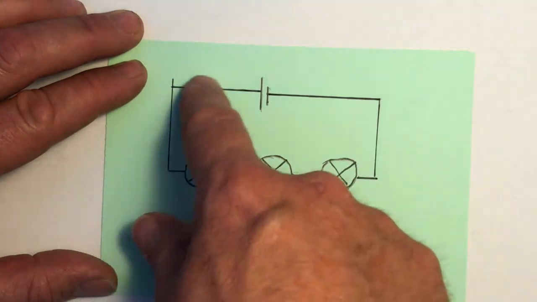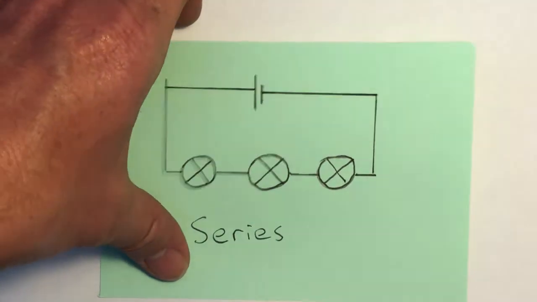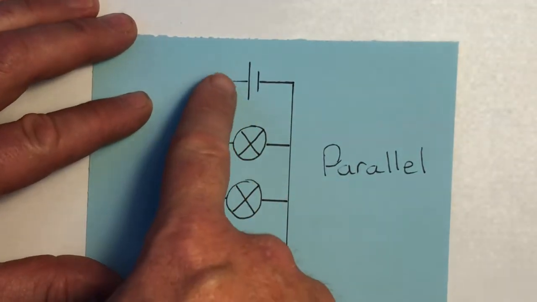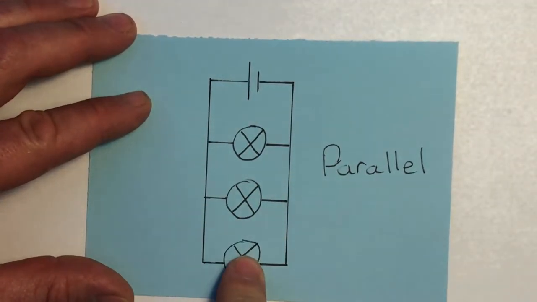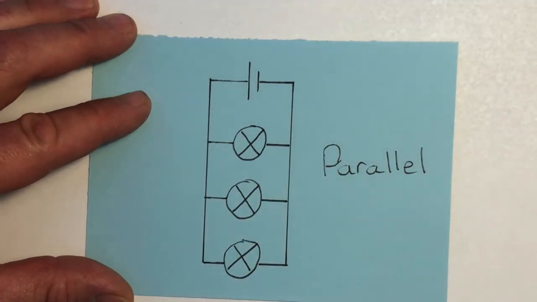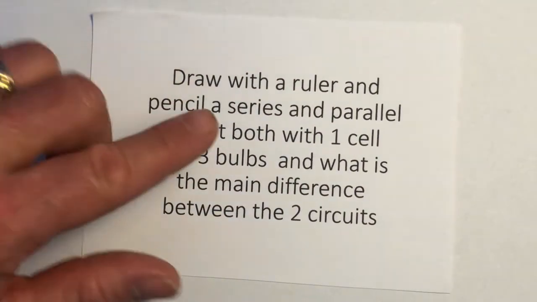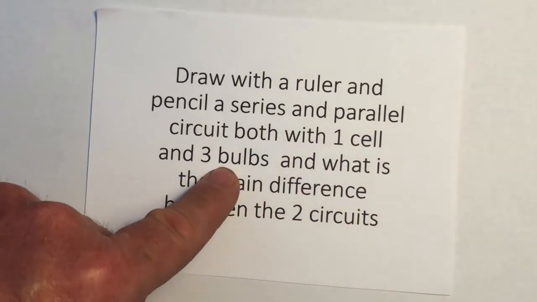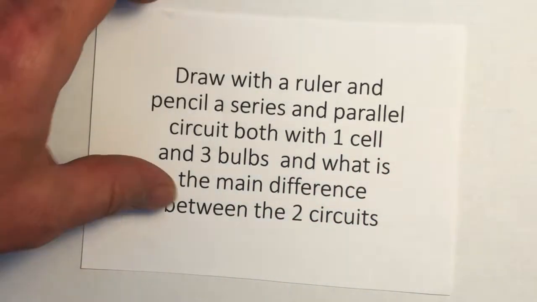There is one route for electricity to go. I've then drawn a parallel circuit. This time, 1 cell, 1, 2, 3 bulbs, and electricity can go through there, and through there. So those are the drawings of a series and parallel circuit, both with 1 cell and 3 bulbs.